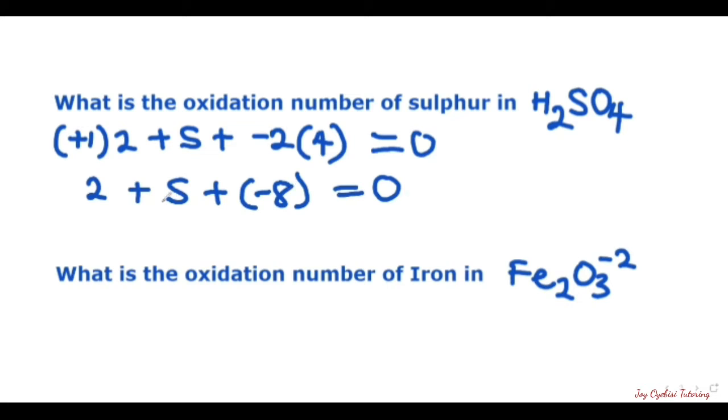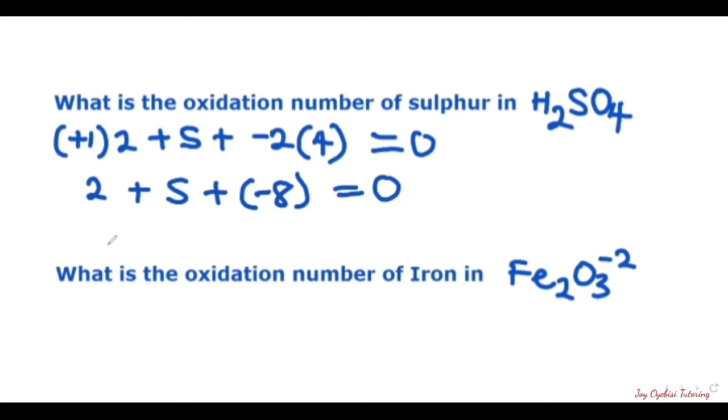And if we do that, it will be 6. If we put 6 here, 2 plus 6 will be 8, and 8 minus 8 will give you 0. So this is the easy way if you will not make any mistake.